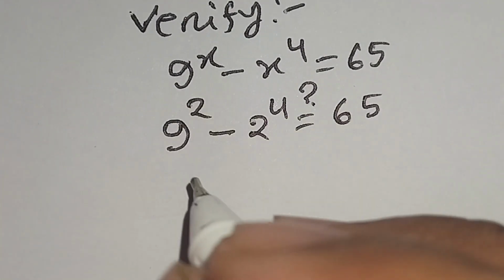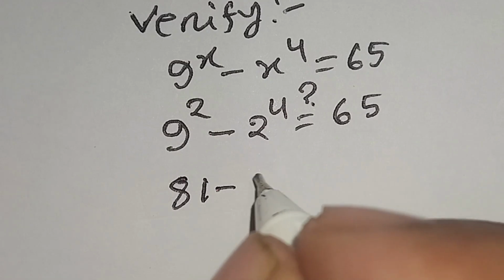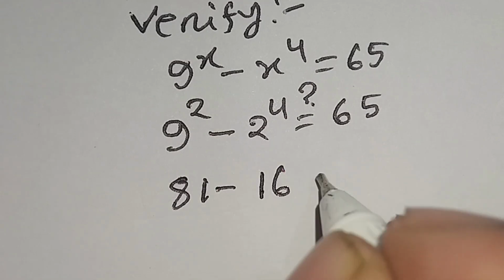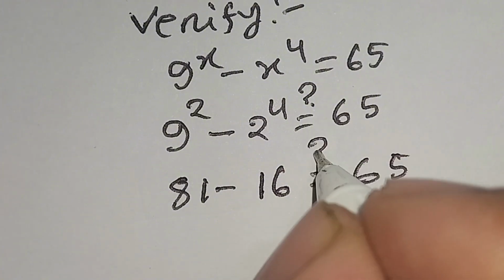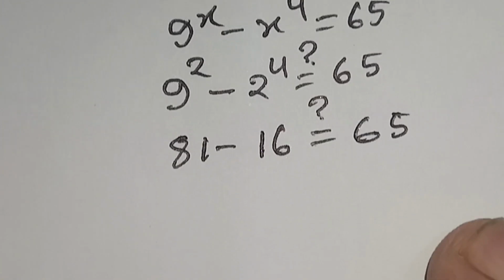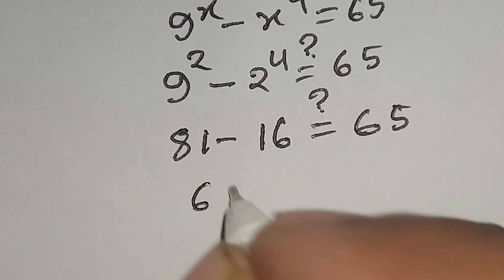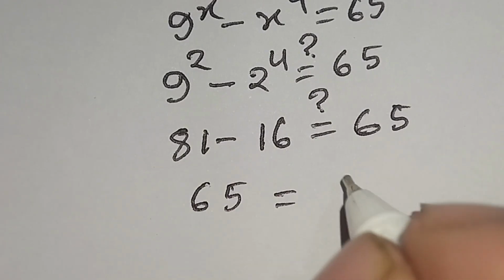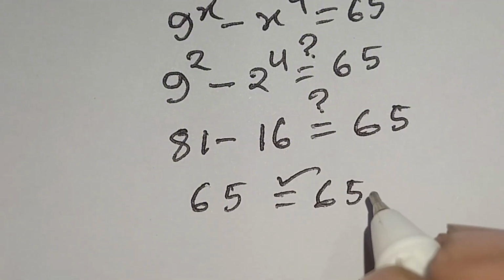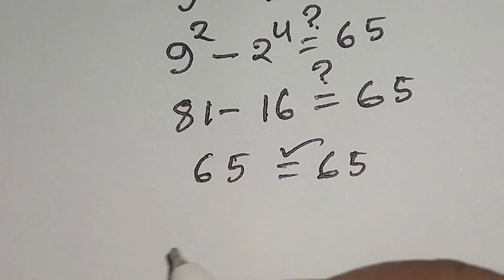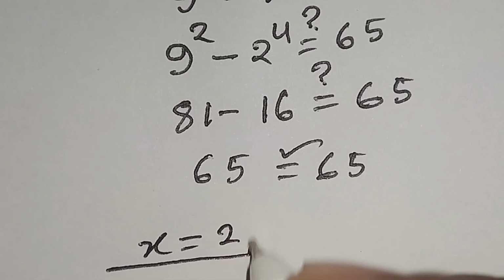Here 9 square is equal to 81 minus 2 to the power 4 is 16 is equal to 65. Here question mark. 81 minus 16 is 65 is equal to 65. So left hand side and right hand side are equal. So our value x is equal to 2, this is our final answer.